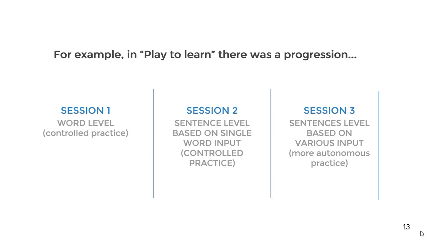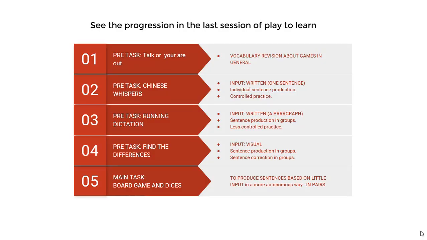In session 3, okay, they started working at sentence level based on various inputs, okay? So it was not just based on single word input as session 2, but now they had sentences, they had paragraphs, and I wanted them to be producing sentences at a more autonomous level. If you think about the progression I was talking about within one of the sessions, if you think about session 3, there is also a progression.